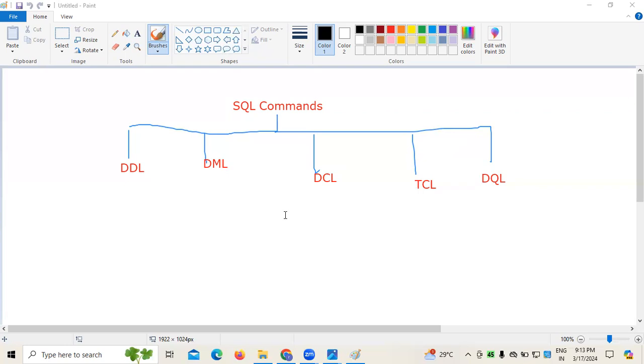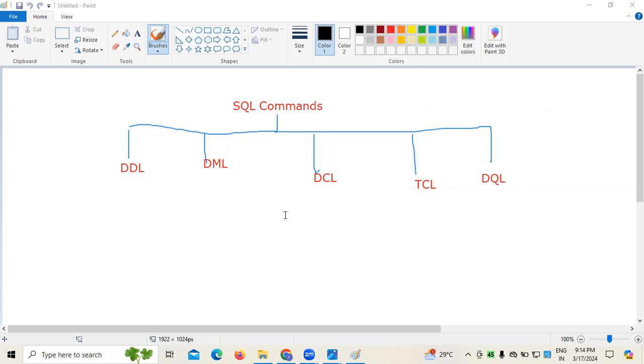This is the one which is used to delete the rows from the table. Delete the rows from the table.